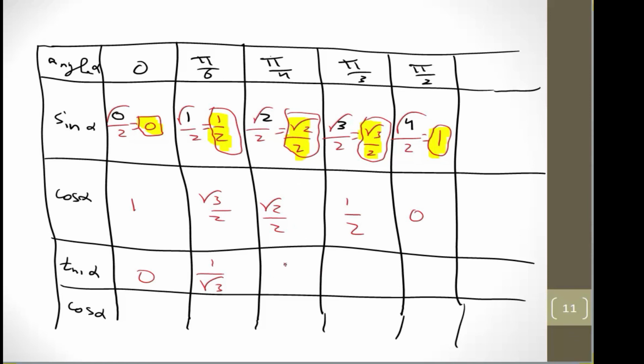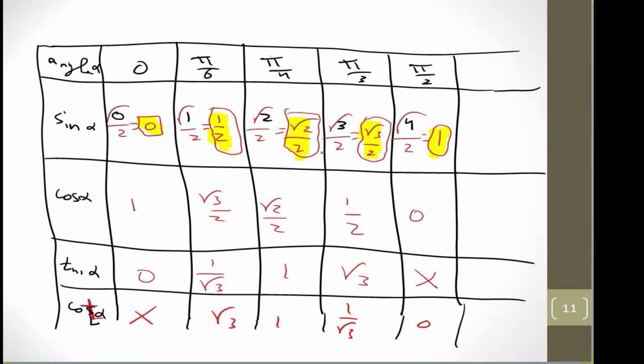Then 1. Here is radical 3, and here it's not defined. And the cotangent, sorry, here I wrote it by mistake. This is the cotangent alpha. Just when you write tangent alpha, the cotangent alpha values are the inverse: not defined, radical 3, 1, 1 over radical 3, and 0.